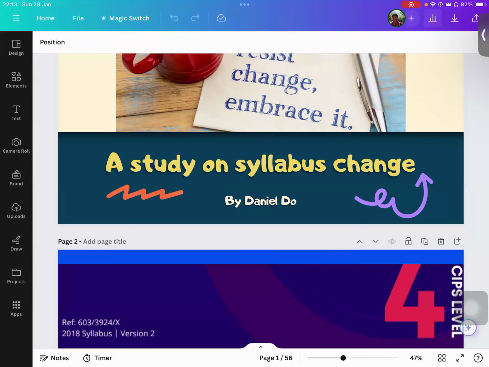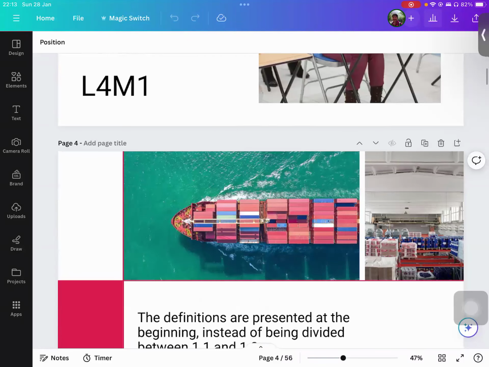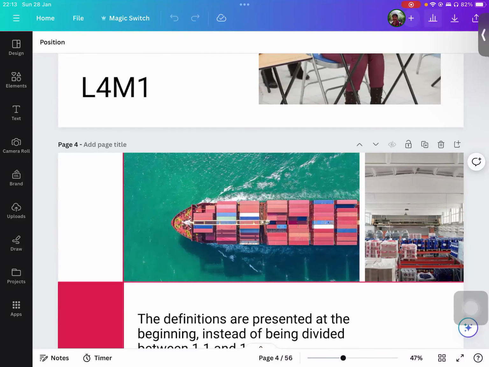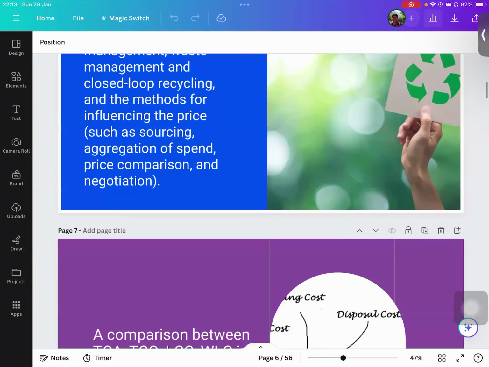With this new syllabus, mostly they do restructuring. They change the order of the syllabus of the study guide, from this part to that part. But with FORM 4 and FORM 8, they have a total restructuring.